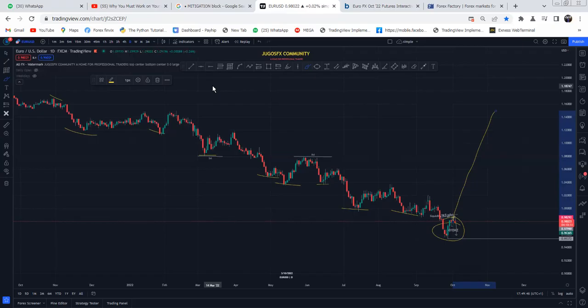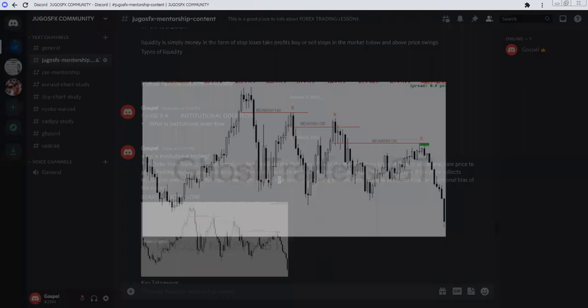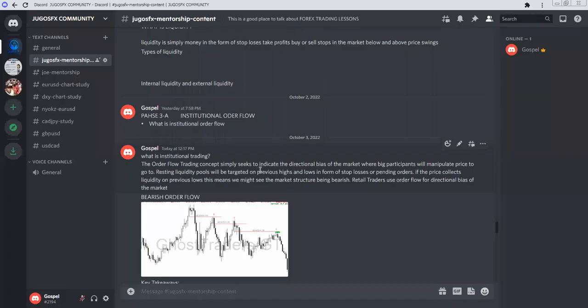If you go back to market participants, I gave you the hierarchy of the market participants. The first people, the interbanks, have the highest sum of money, and they are the ones pushing this market. Remember, I said the order flow trading concept simply seeks to indicate the directional bias of the market, where these big participants, like the banks, will manipulate price too.